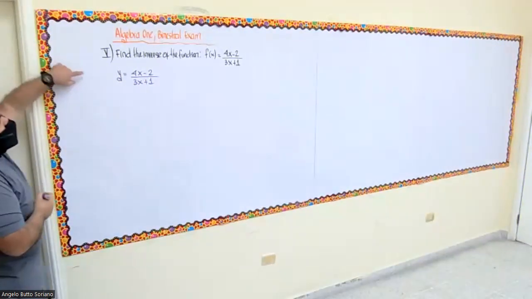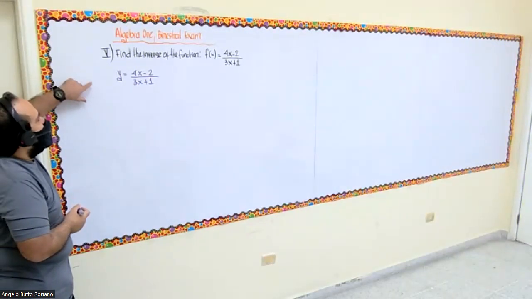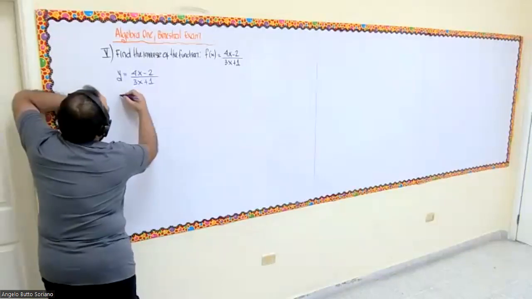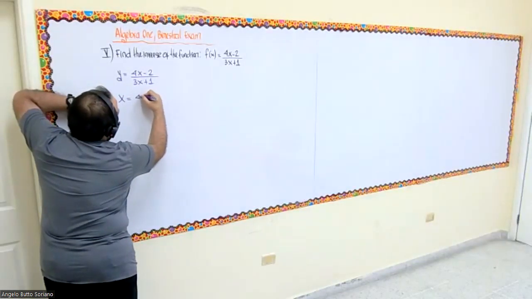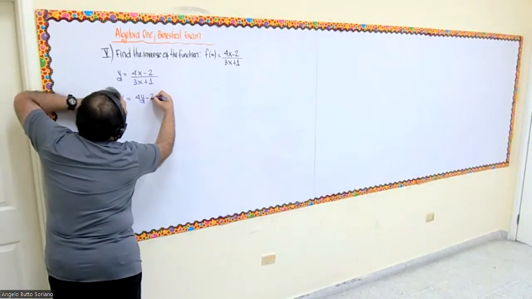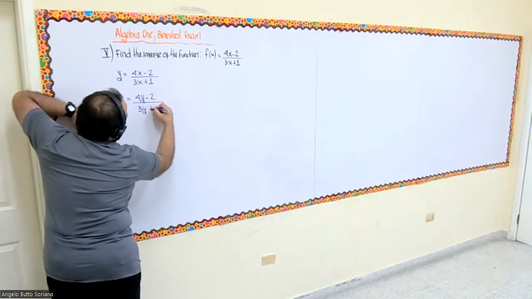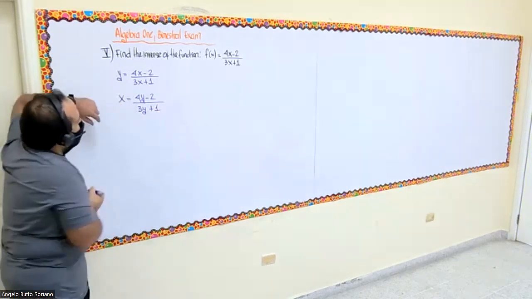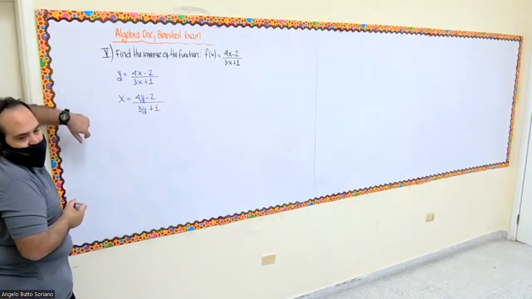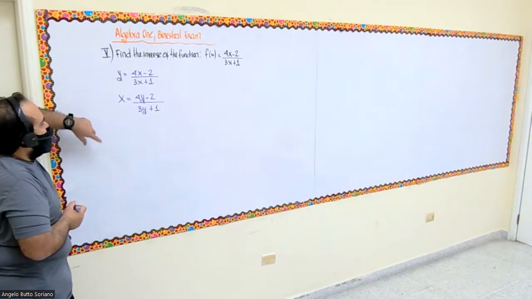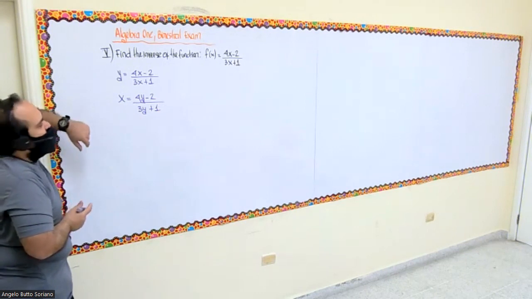Second step, exchange the position of the letters. Instead of y, we're going to write x. And instead of x, we're going to write y. So we got x equals (4y minus 2) over (3y plus 1). Next step, let's find the solution for the letter y.